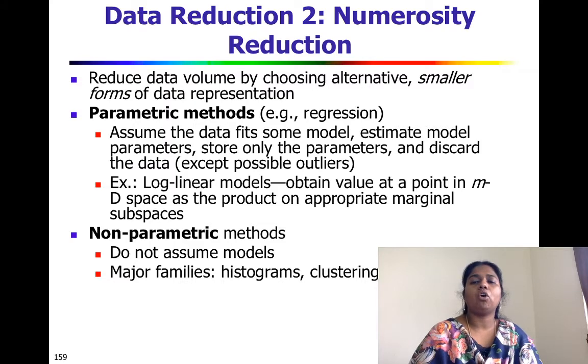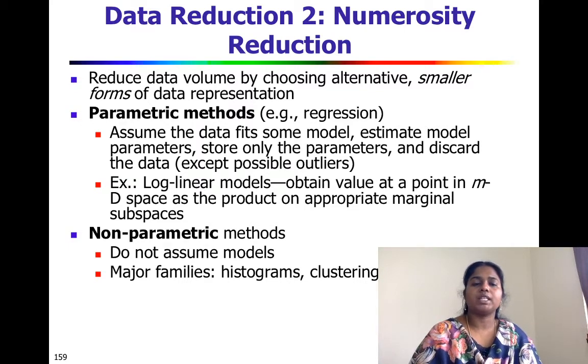Such a way of reducing the volume of the data by using a different form of data representation is called numerosity reduction. Under numerosity reduction, there are two different strategies or approaches followed.